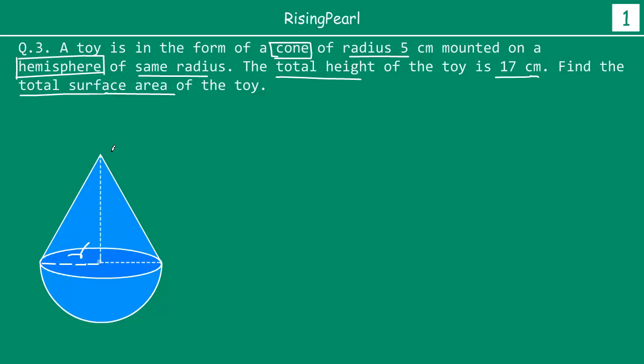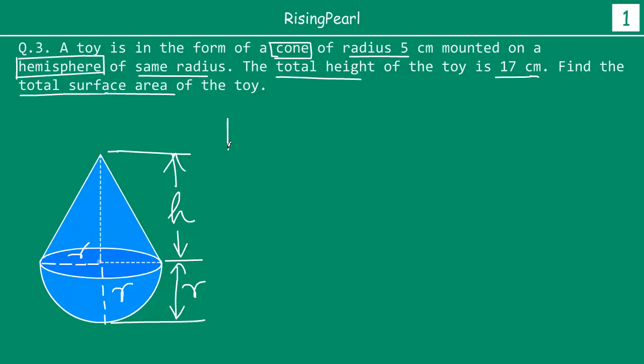Also what is important to note is that this height is given. If this is the height of the cone, let's say lowercase h, from the top to the base of the cone, then this other height is the radius of the hemisphere, so this is r.